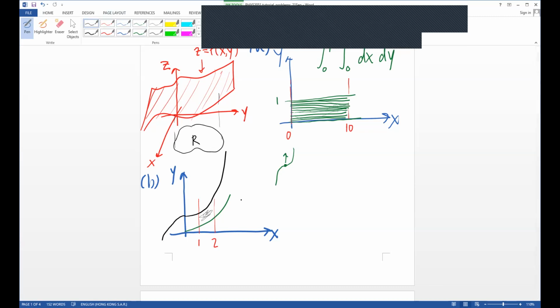This time you will realize that it's easier to integrate along y first, because that means you are cutting the region like this. Now let's find the integration limit for dy. This is y equals x squared, and this is y equals x cubed plus 1.